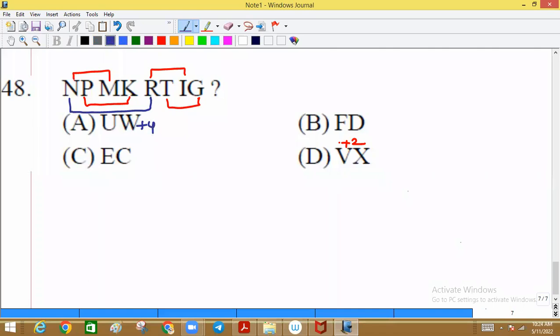Plus 4. In the same way, R plus 4 will be V. So now, similarly, P plus 4 is T. Again, T plus 4 is X.